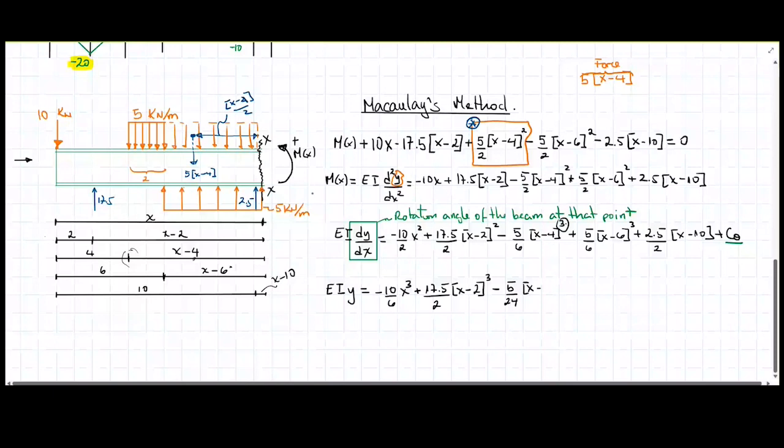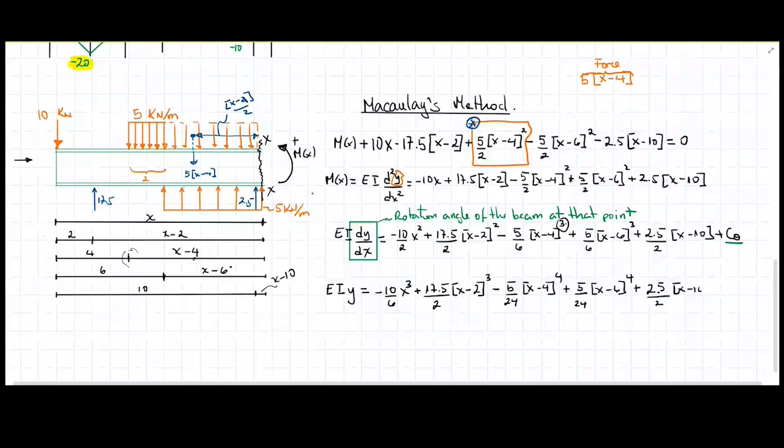And in this case, it's going to be similar to the first two cases, and this is going to be 2.5 divided by 2 times x minus 10 to the power of 2, plus, I need to integrate again this constant. This is going to be c theta x plus a second integration constant that we're going to call c sigma, and that sigma is because it refers to the deformation of the beam.